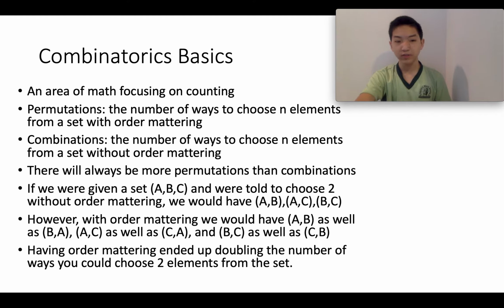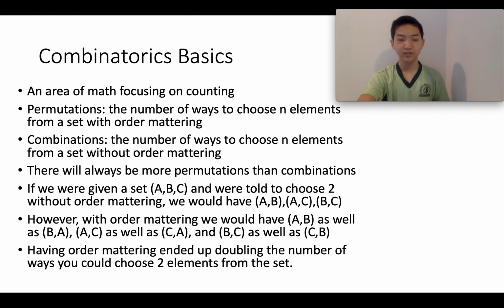So if we were given a set A, B, and C, and we were told to choose two of those elements without order mattering, we could choose AB, AC, and BC. However, with order mattering, we would have AB as well as BA, AC as well as CA, and BC as well as CB.